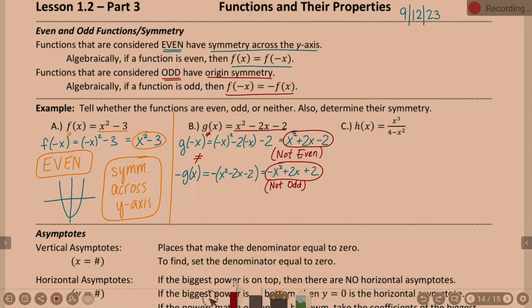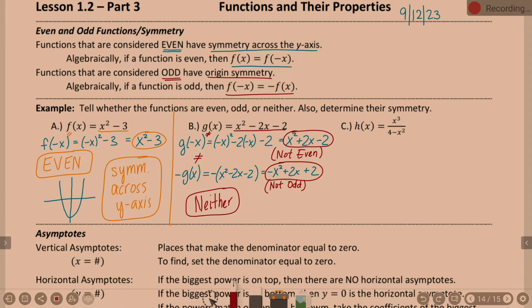Well, okay guys, if it's not even and it's not odd, now we can officially say neither. So that means when you check your graph out, it's not symmetric across the y-axis, and it's not symmetric across the origin. Did you check your graph out?